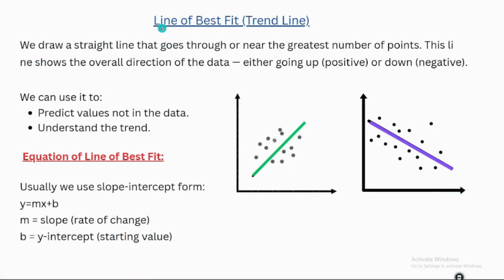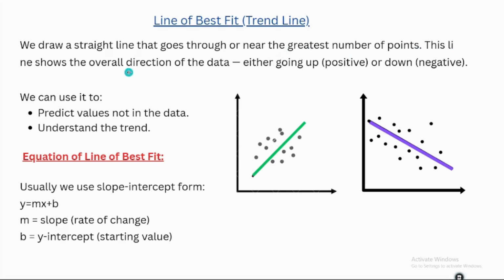We have the line of best fit or trend line. After we represent the data as points, we draw a straight line that goes near the greatest number of points. It doesn't pass through all the dots, no, just near the greatest number of points.